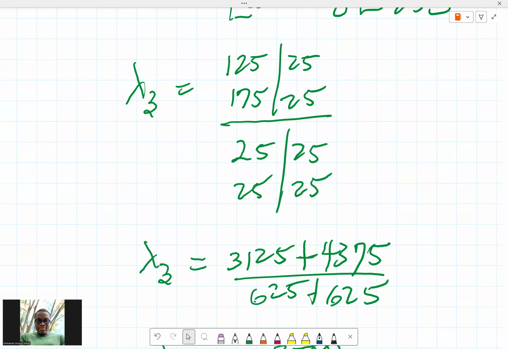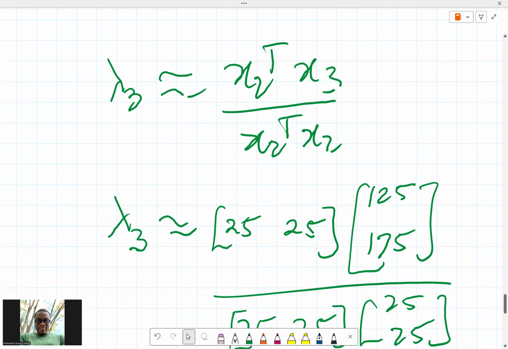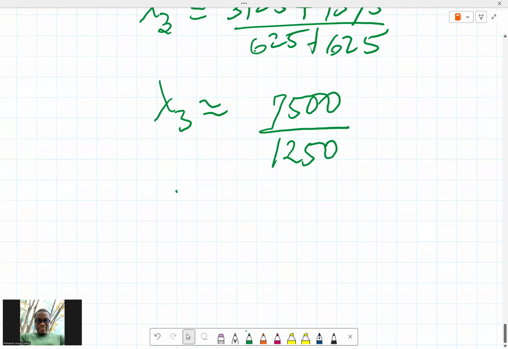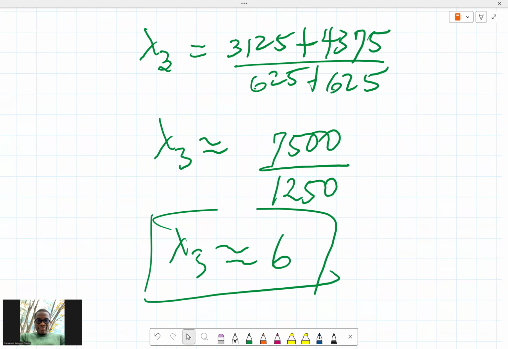That's 1250. So this is 7500 divided by 1250. So we are moving away from what the answer should really be, but it's fine. This is now giving us approximately 6, which is already far. So we don't have to come all this way, right?